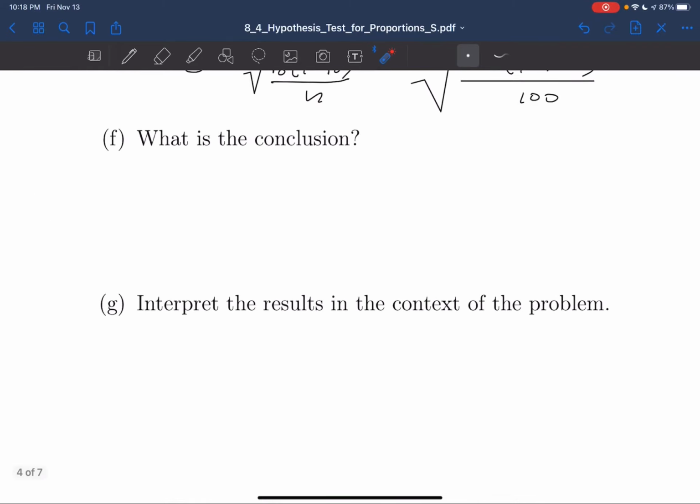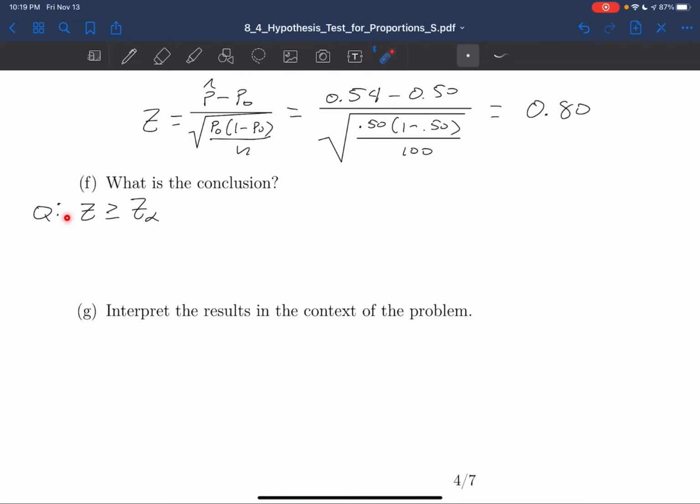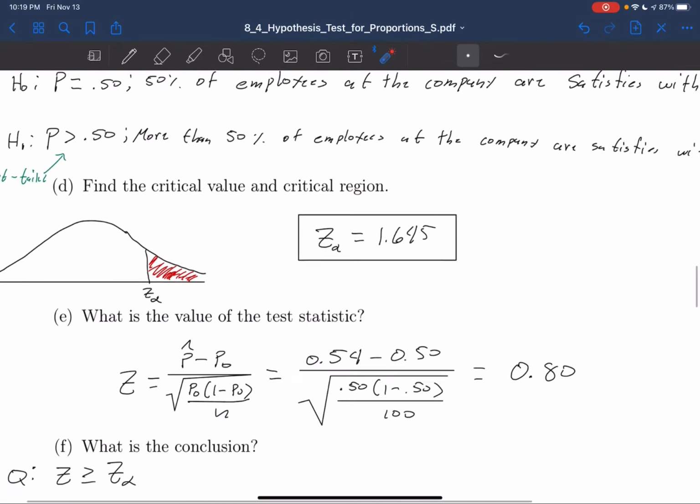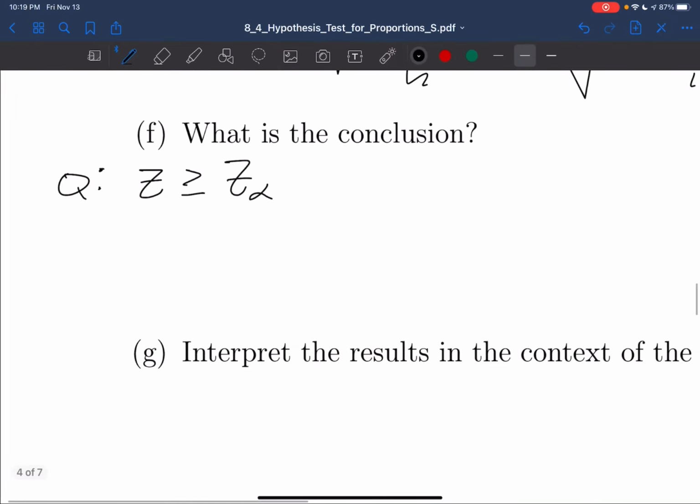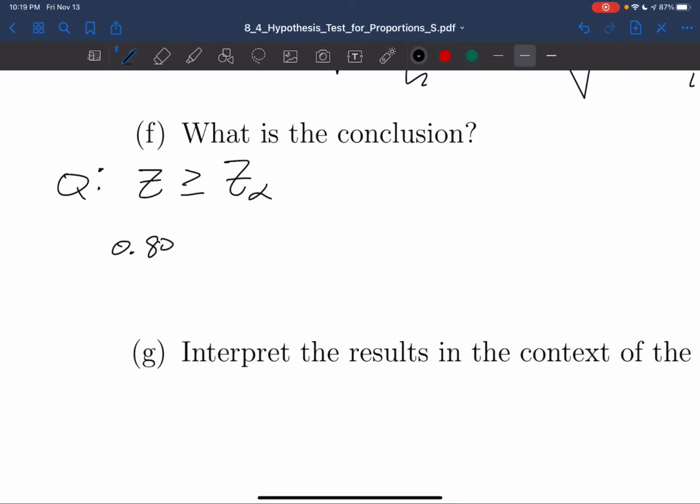So what is the conclusion? Well, since we're using the critical value method, we want to ask ourselves a question. Is our test statistic z greater than or equal to our critical value z of alpha? The reason I'm asking this question is, again, we're dealing with a right tail test. So is 0.80 greater than or equal to 1.645?